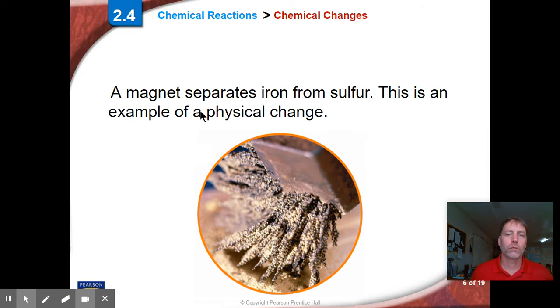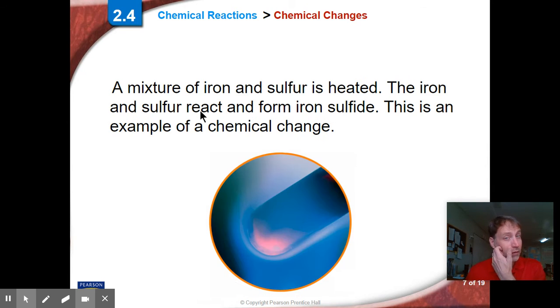So for instance, here we have a magnet separating iron from sulfur. This is an example of a physical change. You remove the iron from the sulfur because iron is magnetic and sulfur is not. The iron and sulfur didn't change. But if I take that same iron and that same sulfur, together, and I heat them up, they will form a chemical reaction called iron sulfide.